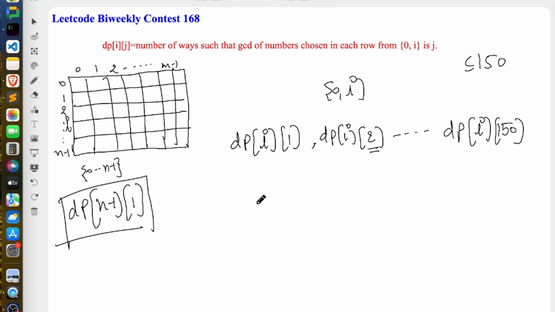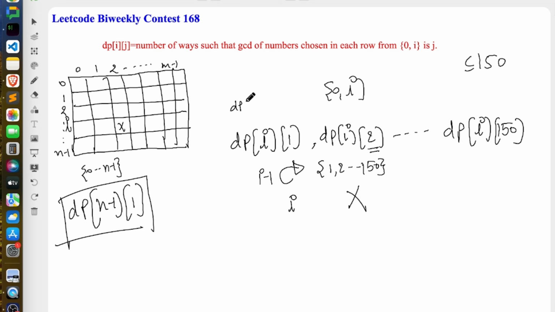Let's consider a case. Let's say this is my ith row. In the ith row you have a number, any generic number, let's say x. We will go through each of the possibilities in the previous row, the (i minus 1)th row, through each of the numbers from 1 to 150. Since I am at the ith row, we already know the values of DP of i minus 1, 1 and DP of i minus 1, 2.